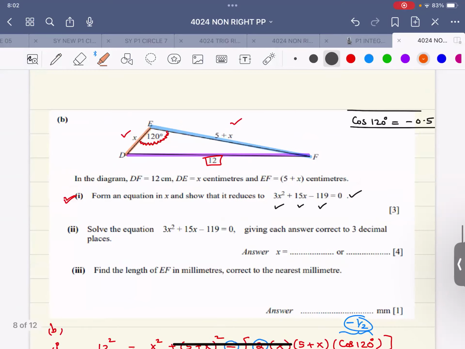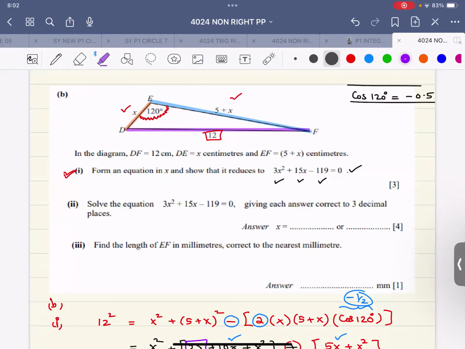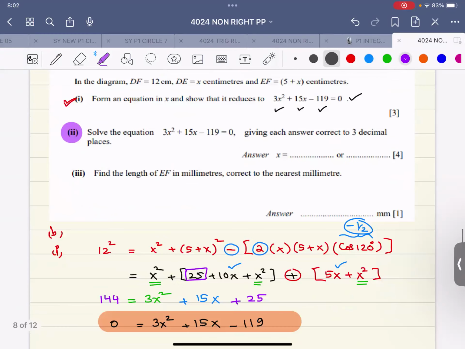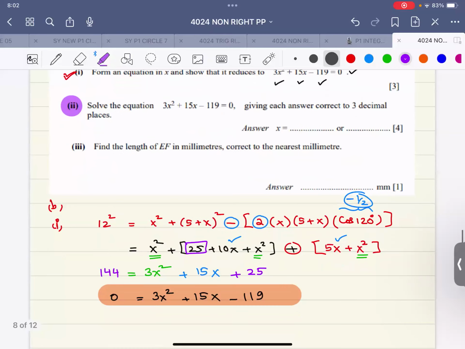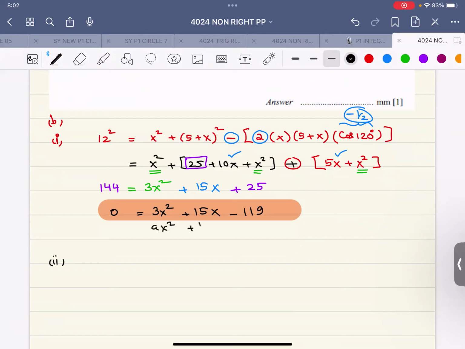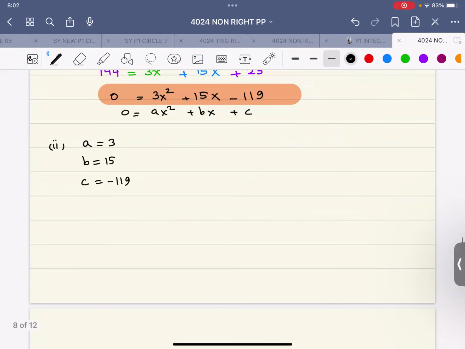Let's focus on the second part. The second part says solve the equation giving each answer correct to 3 decimal places. So this is the usage of the quadratic formula. So we will write ax squared plus bx plus c equals 0. Therefore, a is 3, b is 15, c is negative 119. Let me first evaluate b squared minus 4ac for the quadratic formula.